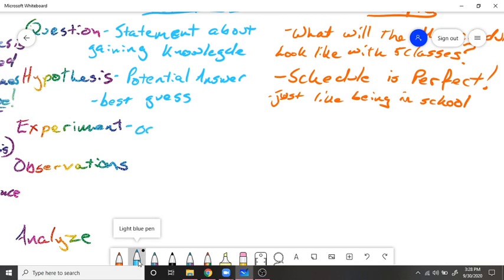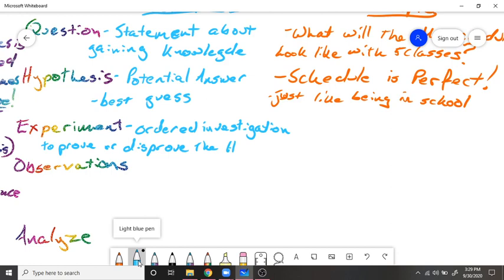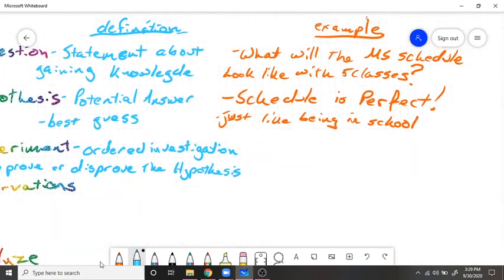An experiment is an ordered investigation. So I'm going to take an ordered series of steps to prove or disprove the hypothesis. What kind of experiment are we going to do?